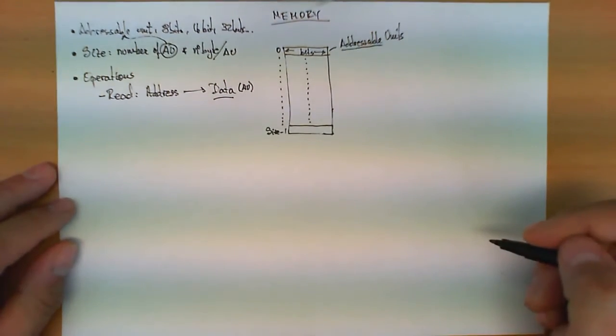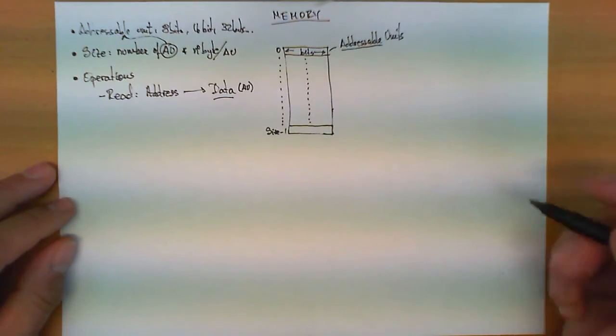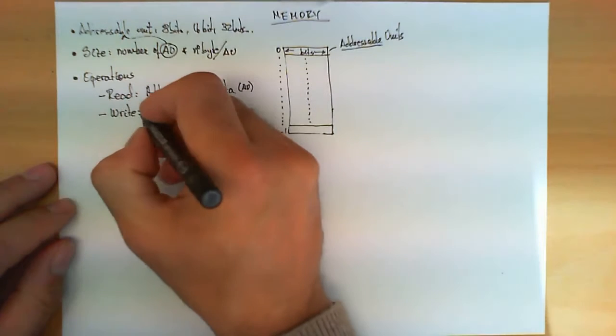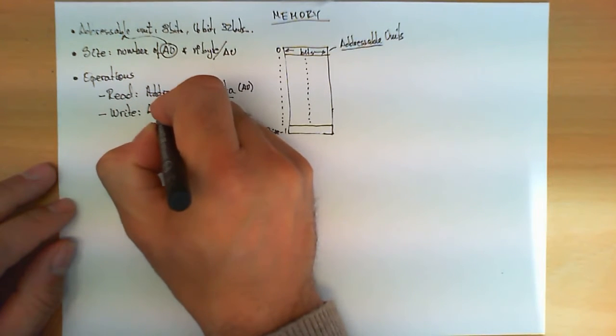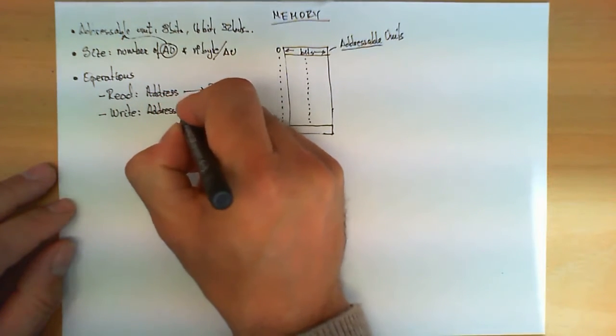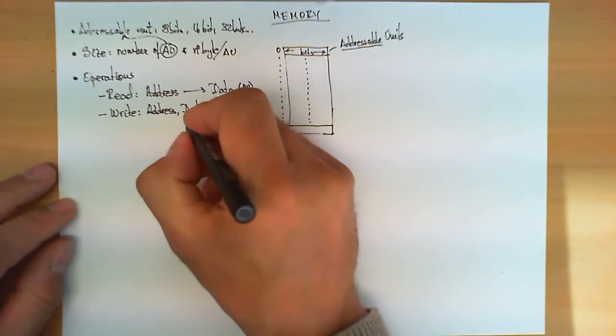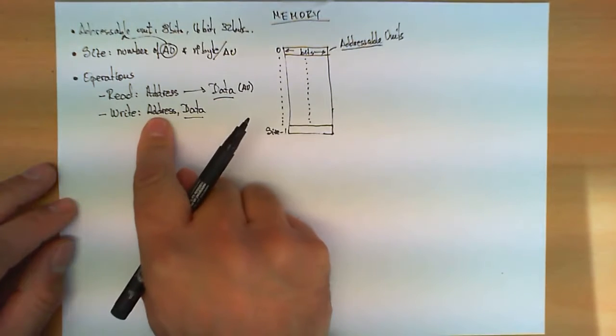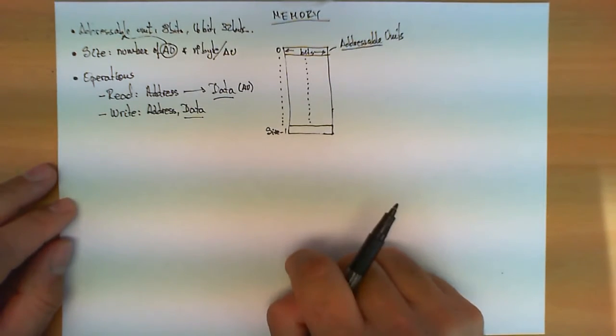The second operation that this circuit is able to perform is a write operation, and given an address and data, it guarantees that this data is stored in the addressable unit with the address given in the operation.